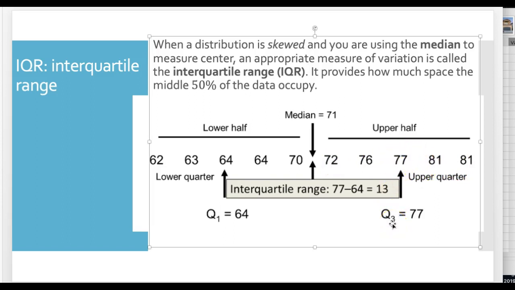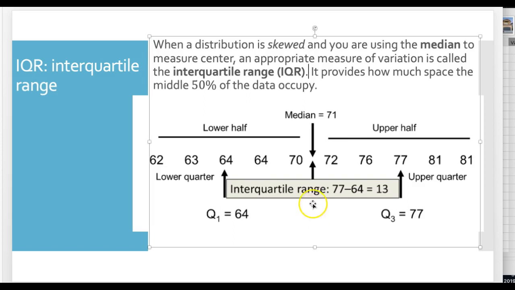This Q1 is a quartile, and it's helping us split the data up into quarters. What it means is that 25% of the observations are less than 64, and 75% of the observations are greater than 64. The median is like the second quarter, and 2 quarters gives you a half.